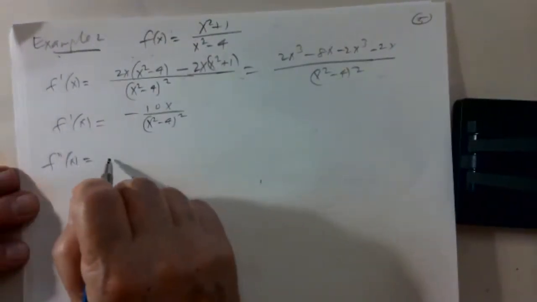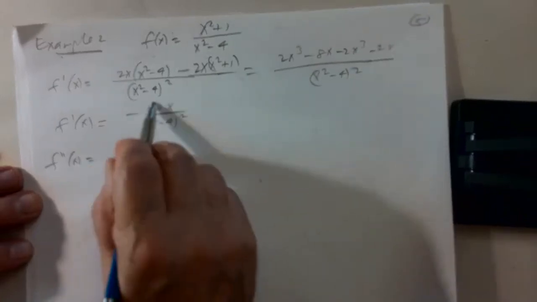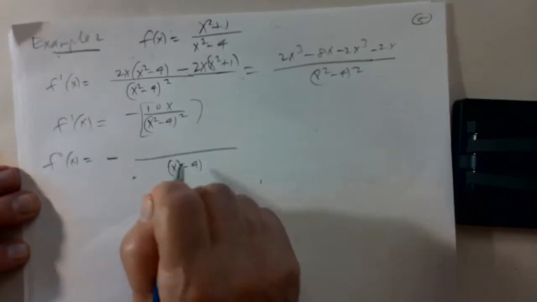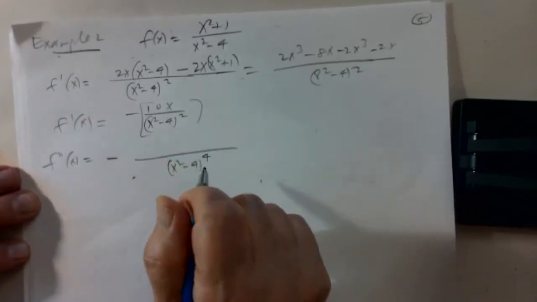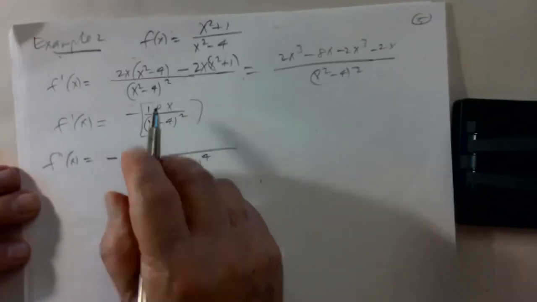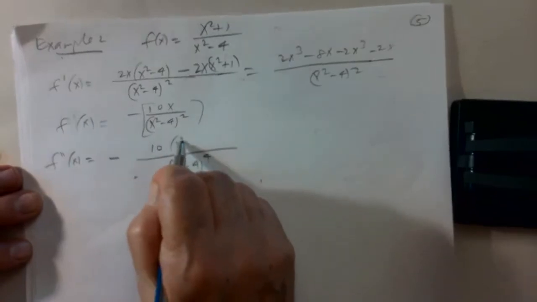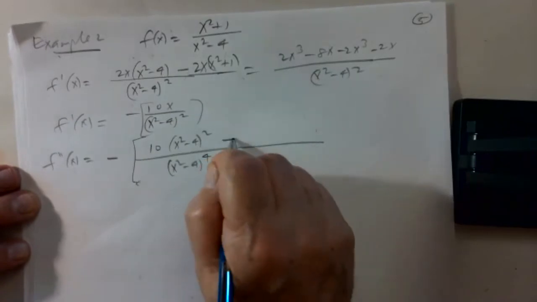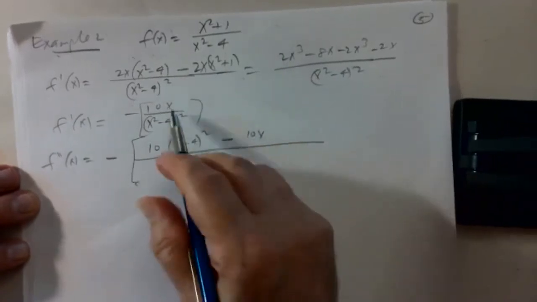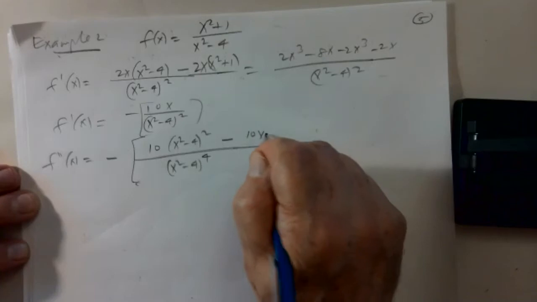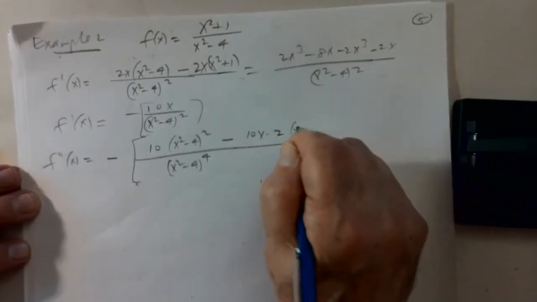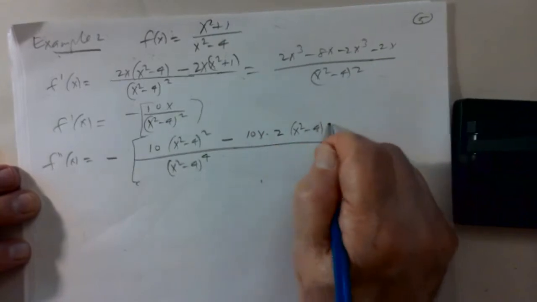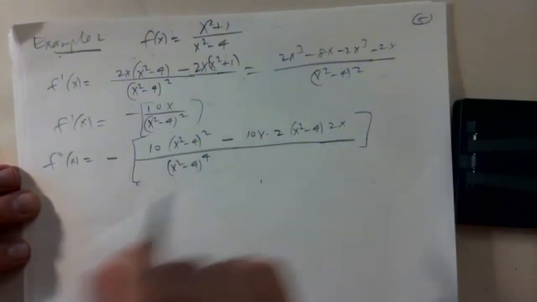For the second derivative, let's differentiate this expression. You get x squared minus 4 squared squared, which means this to the 4th power. The derivative of the numerator, which is 10, times the denominator, minus the numerator times the derivative of the denominator, which is 2 times x squared minus 4 times the derivative of x squared minus 4, which is 2x.